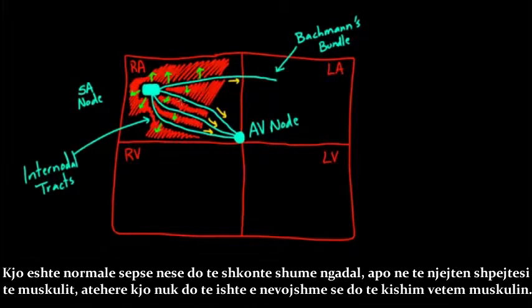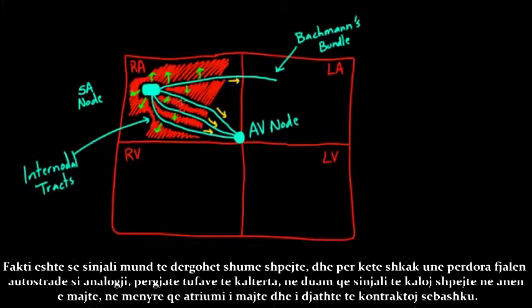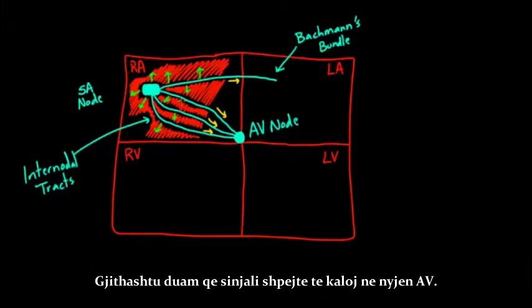And that makes sense because if it was going the same speed as the muscle, then why would you even need it? You wouldn't need it. You could just have muscle. It's the fact that the signal can be sent much quicker, and that's why I was using the analogy of the highway. We want the signal to get quickly to the left side, so the left and right atrium contract together. And we also want the signal to quickly get over to the AV node.